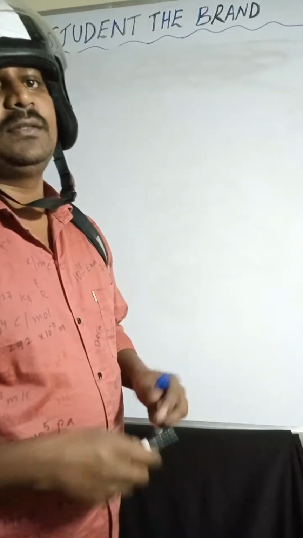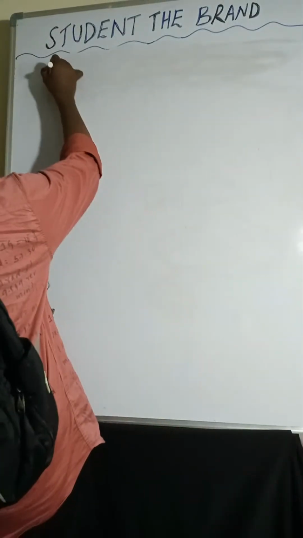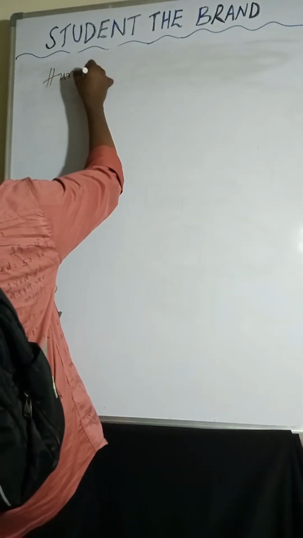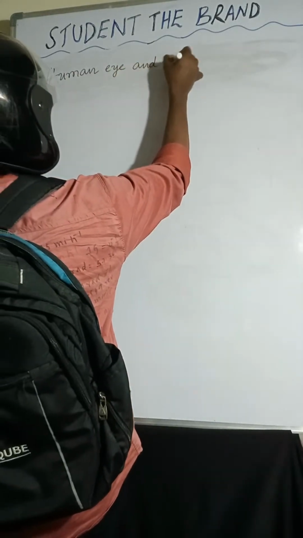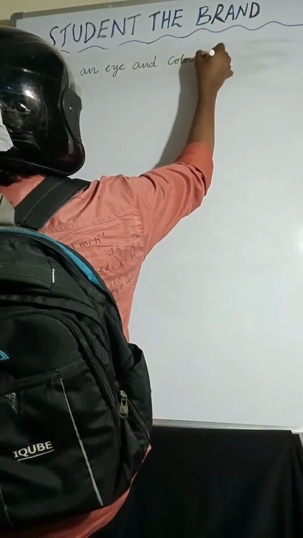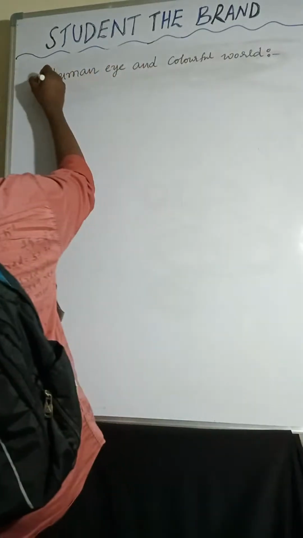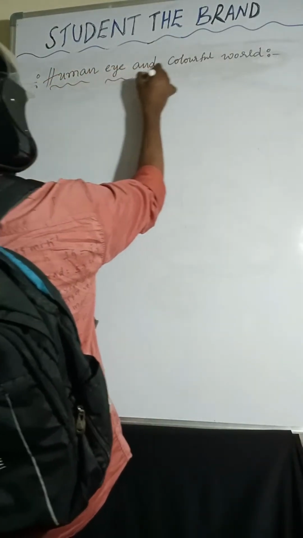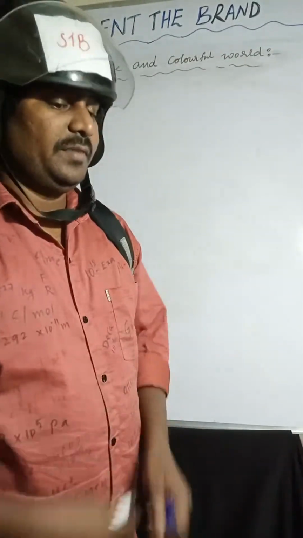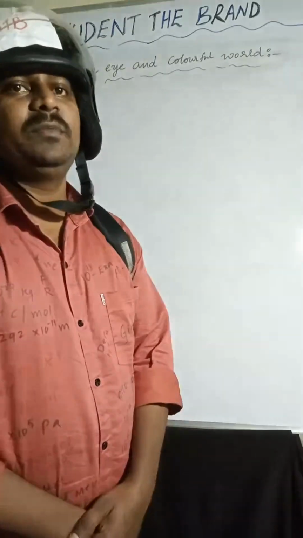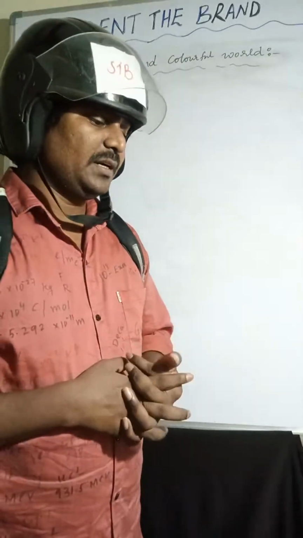Now we'll discuss the human eye and the colourful world. As part of covering all the chapters of CBSE Grade 10 Physics, this is part 3.